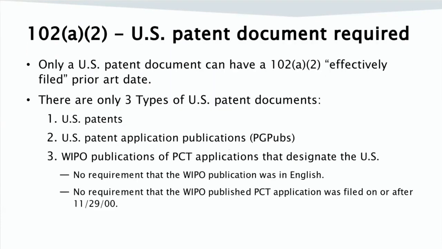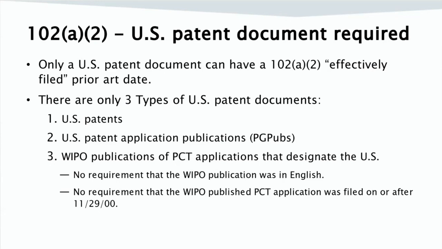Here are the 3 U.S. patent document references that can be used as references in 102(a)(2) rejections: U.S. patents, U.S. PG pubs, and WIPO publications of PCT applications designating the U.S. WIPO stands for World Intellectual Property Organization, which is the organization that publishes PCT applications 18 months from the PCT filing date or priority date.